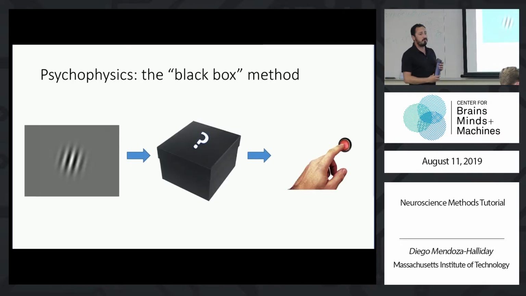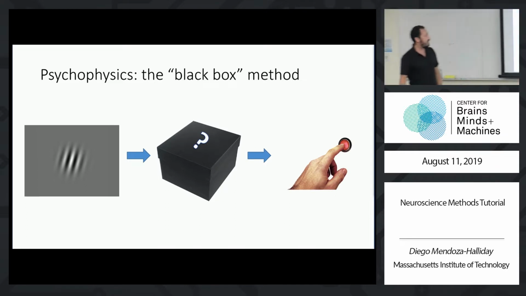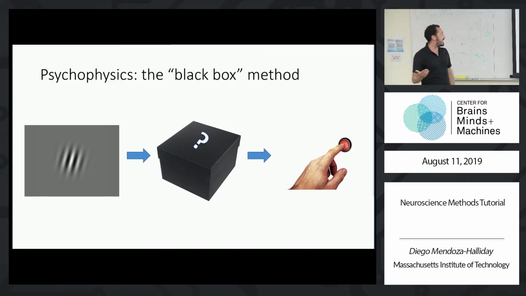So let me start off with the simplest neuroscience tool that we've had for hundreds of years, and that is psychophysics, which I call the black box method. Many people call it the black box method. It's very simple. You don't even need to see what's inside the brain.